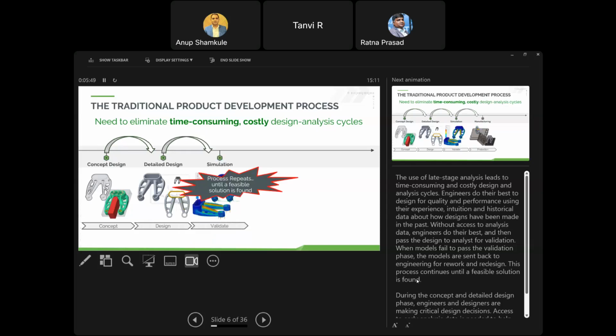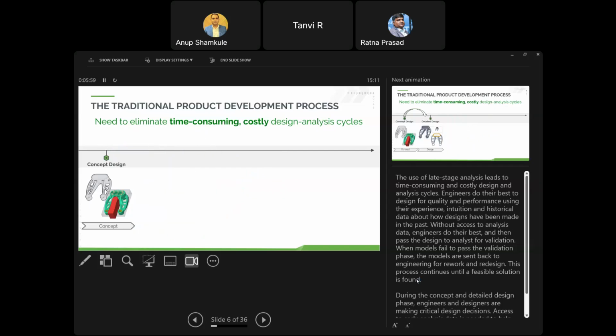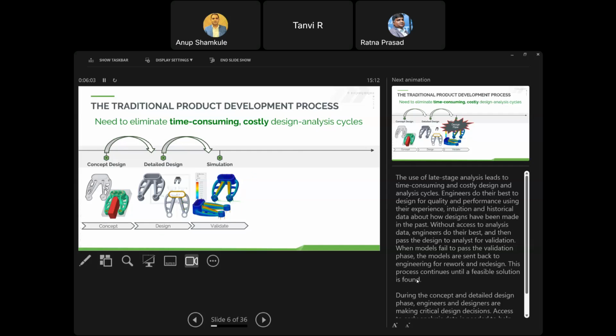So if you look at this process, when we find the problem in simulation, we are going back and forth to the concept design or the detailed design, trying to find out where exactly the problem has come from.